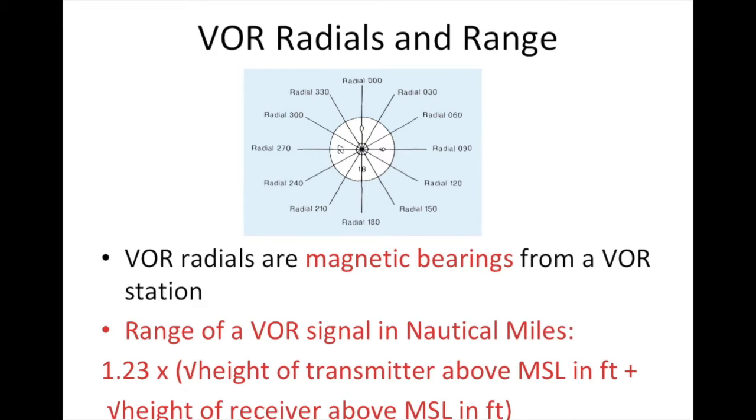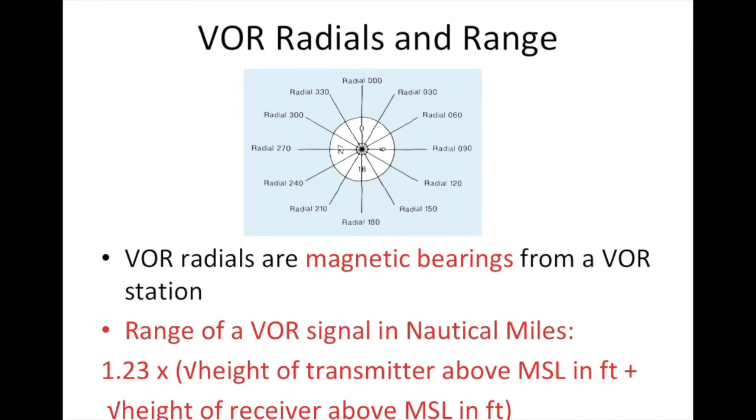How do we calculate the range of a VOR station? It's a simple formula that depends on the height of the transmitter, the VOR station, and the height of the receiver, yourself, in the plane, in the cockpit, flying at a certain altitude. This tells you whether you are within the range of the VOR or not.